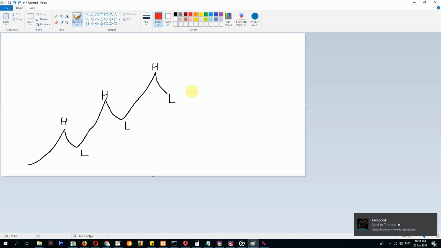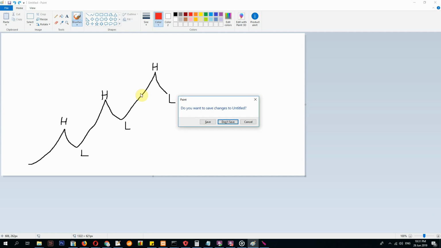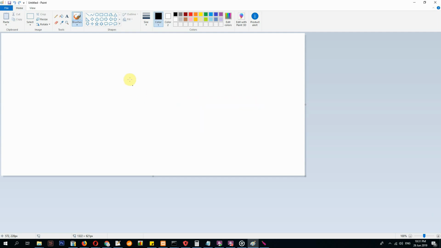However, in a downtrend, it's just the exact opposite. Impulse, retracement, or also known as pullback, impulse, pullback.